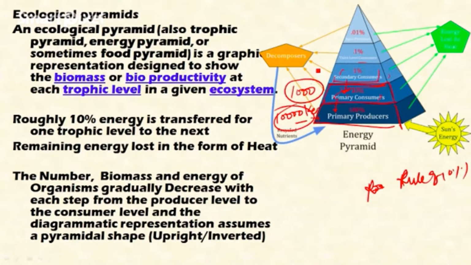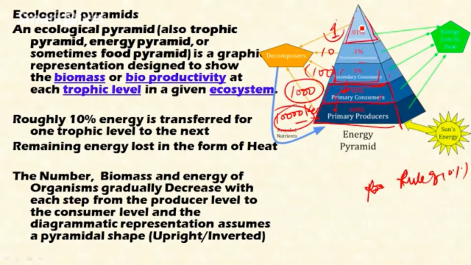That means only 100 kilocalories of energy, and the remaining energy is lost in the form of heat and metabolic activities. The next level is still lower, it gets only 10 kilocalories, and the top trophic level gets only 1 kilocalorie of energy. So roughly 90% of energy is lost at each trophic level, and very little energy is available for the last trophic level. So this is called the rule of 10.